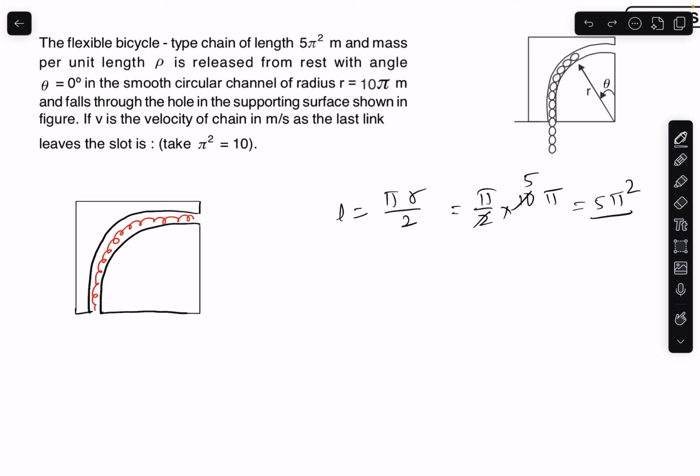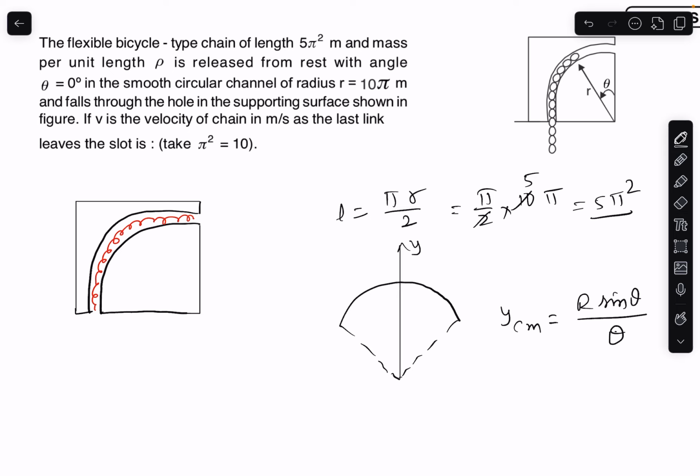Now another thing is, if we have a wire in the form of a circular arc, then the formula for its center of mass y_CM is r sin θ by θ, where θ is this half angle.